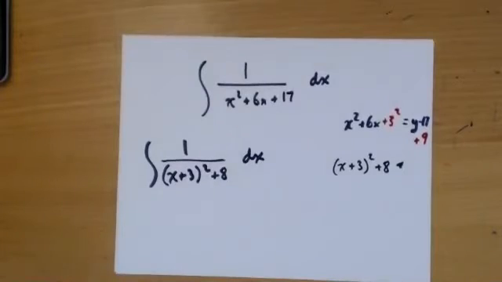Now I have a nice function that looks a lot like a trig. Which trig does that look like? Arctangent? Yeah, the arctangent. The arctangent is a plus, and it doesn't have a square most of the time. A square root, I mean.